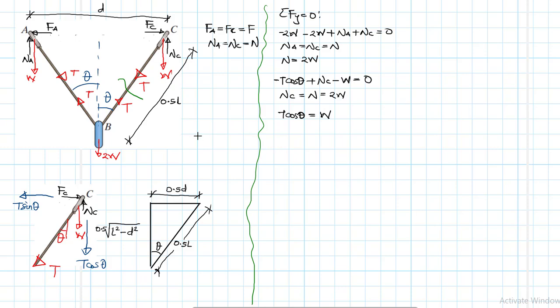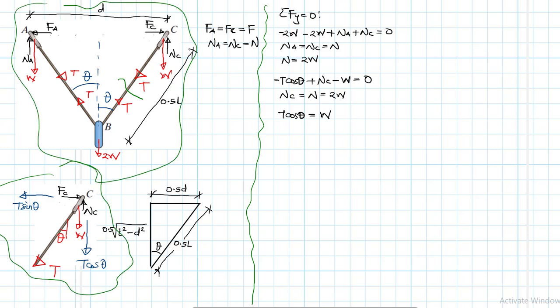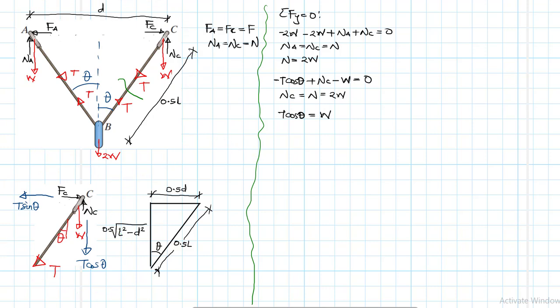Okay, so we are done with the summation of forces for the both two equations, for the section as well as the whole free body diagram. So we applied the summation of forces on this one as well as this one. Okay, great. Let's now apply the summation of forces in the x direction for both of them.